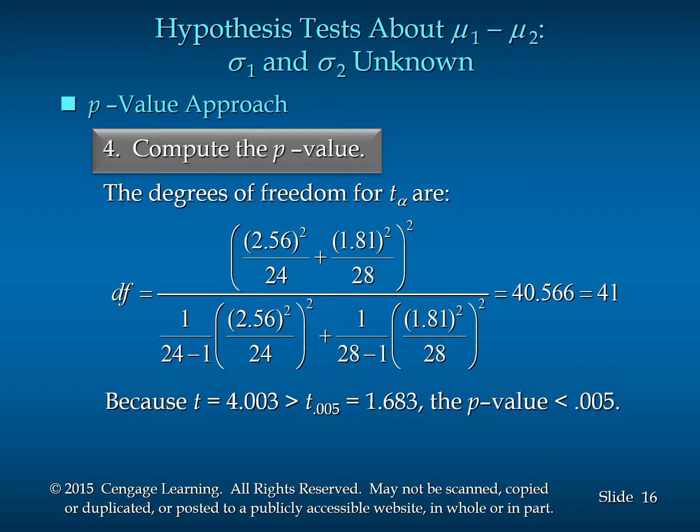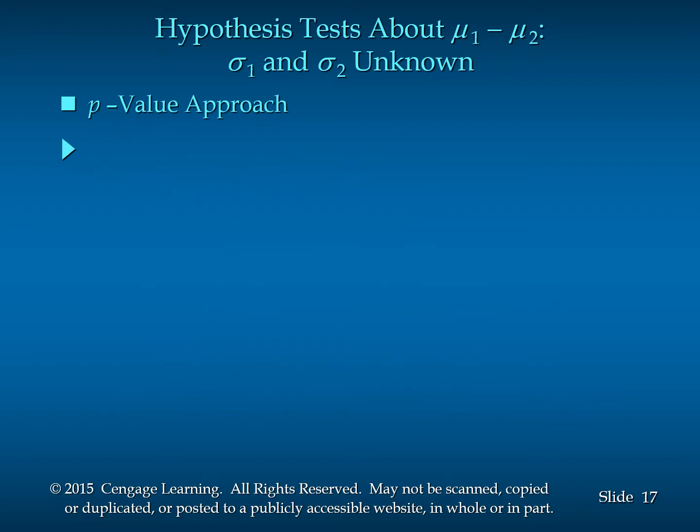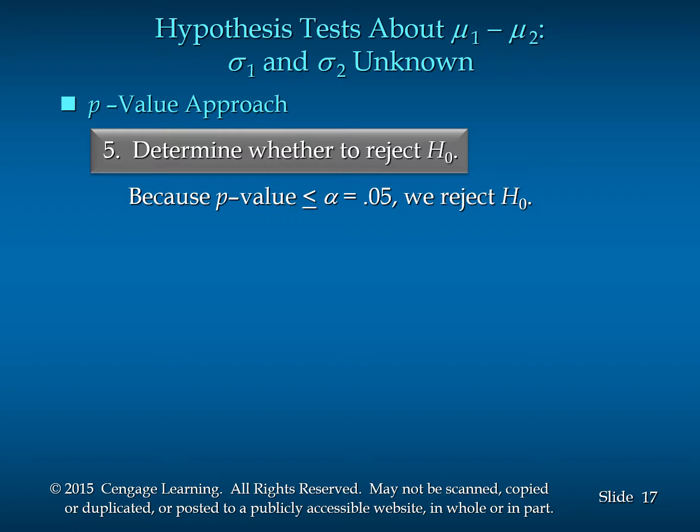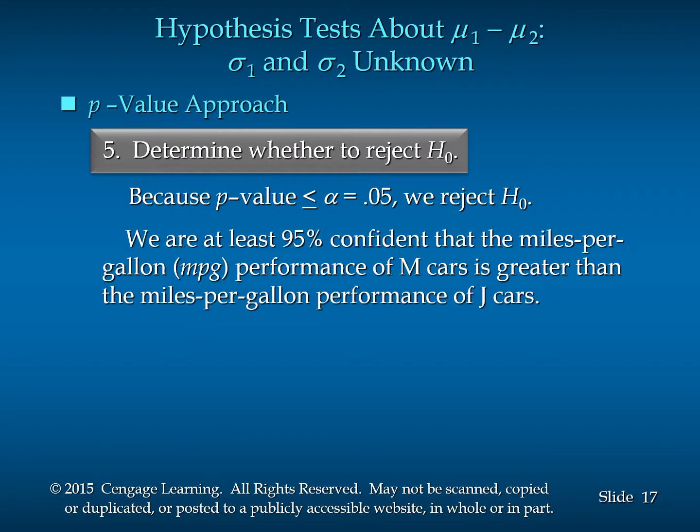Therefore, we know that our p-value is less than 0.005. Because this p-value is less than our significance level, we reject the null hypothesis. Therefore, we are at least 95% confident that the miles per gallon performance of the first car is greater than the miles per gallon performance of the second car.